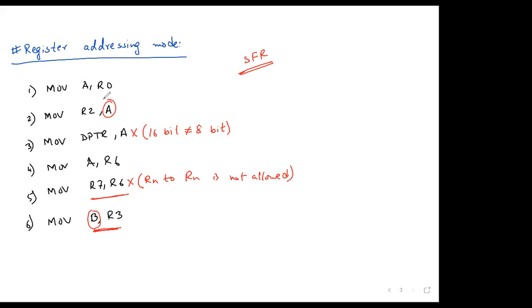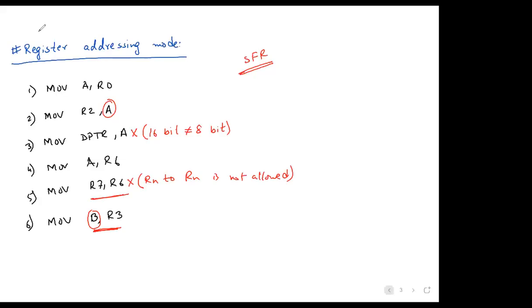All right, so we have covered 2 addressing modes. First one was immediate addressing mode. The next is register addressing mode. Make sure you remember the names and try to differentiate between all these things, because very soon you will get confused. Sir, can we do move DPH, DPL? Yes, you can do that.